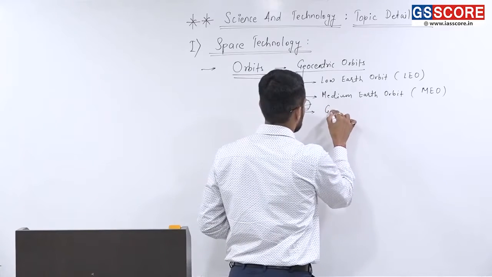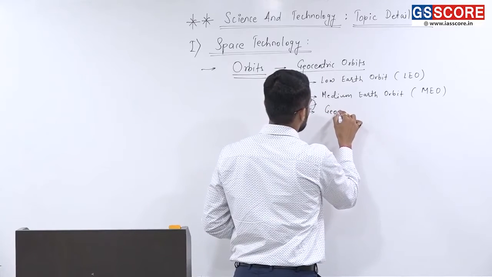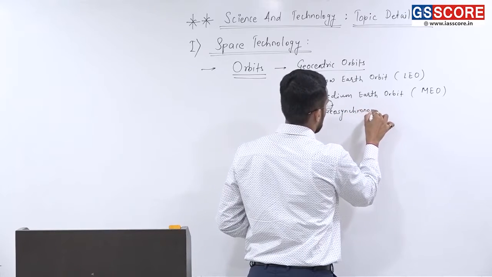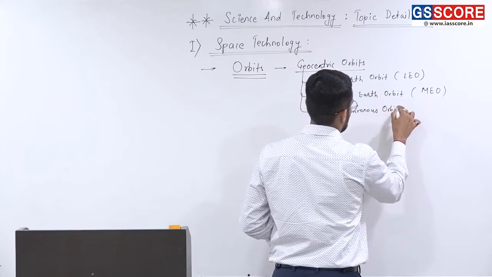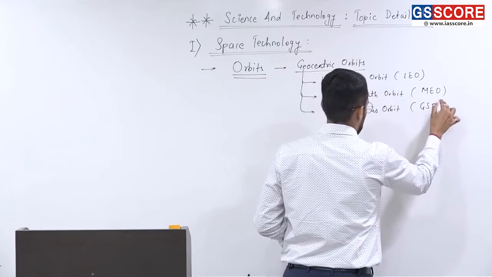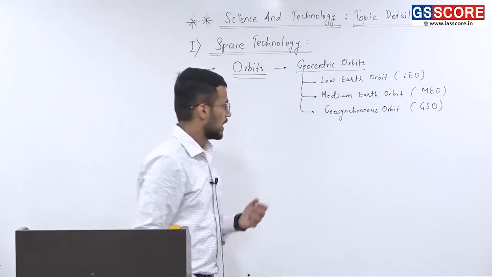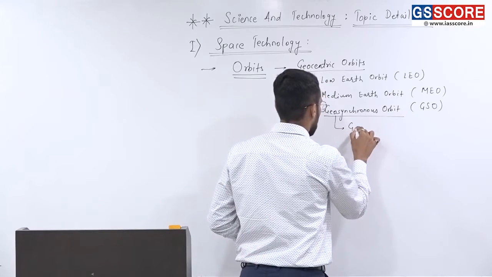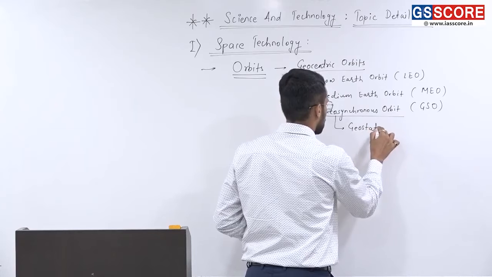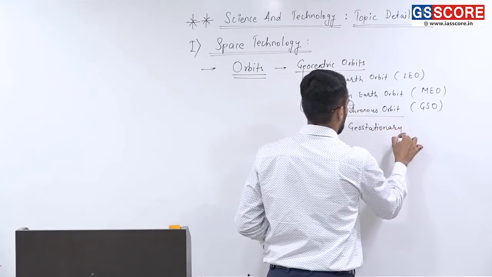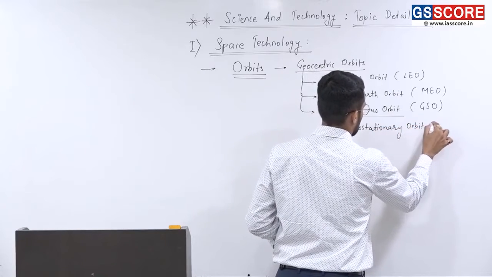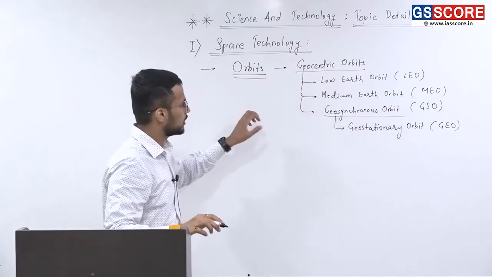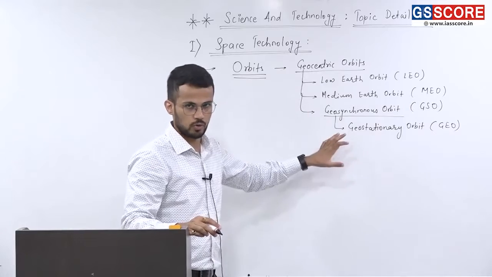Thirdly, geosynchronous orbit, that is GSO. And as a special case of geosynchronous orbit, one should also be aware of geostationary orbit, and that is GEO. So these different orbits one should be aware of.